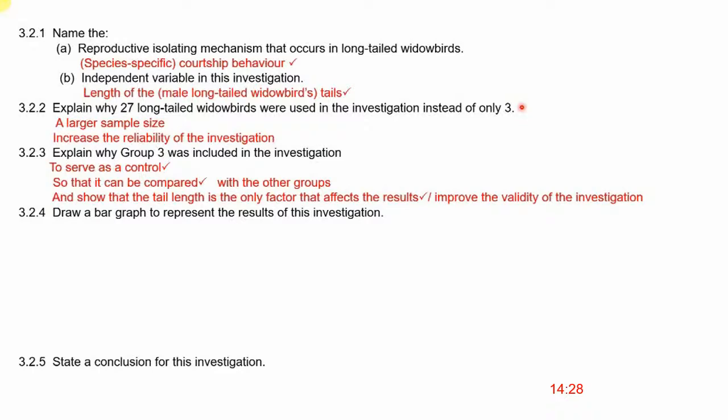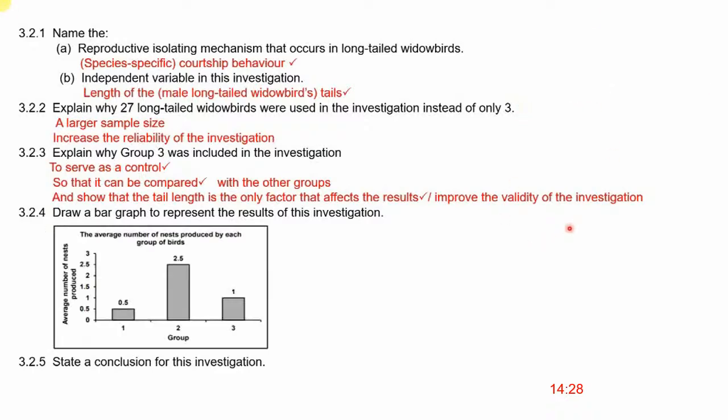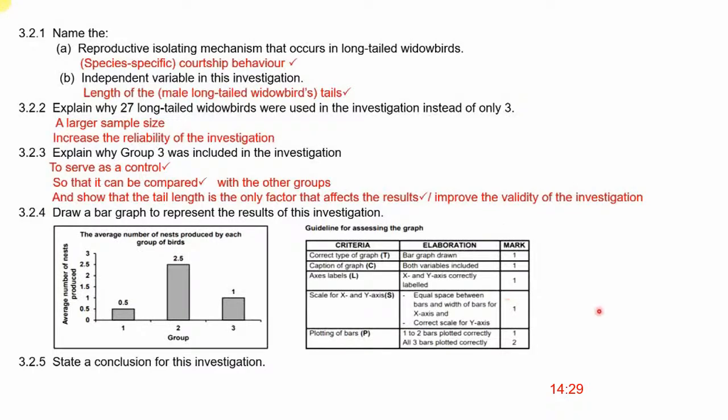Okay? And then we are drawing a bar graph. I'm quickly going to just show you the graph, but I want to go through the criteria. So we look at the correct type of graph would be a mark. Each graph must have a heading showing the dependent and independent variable. The axes are labeled. If the axes have units, the units must be included. Right?